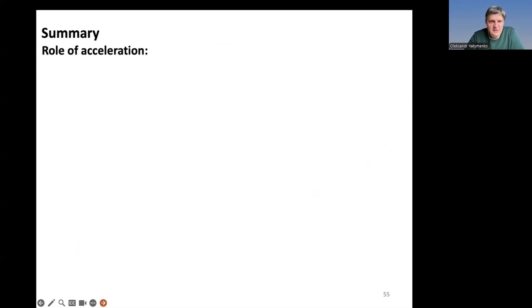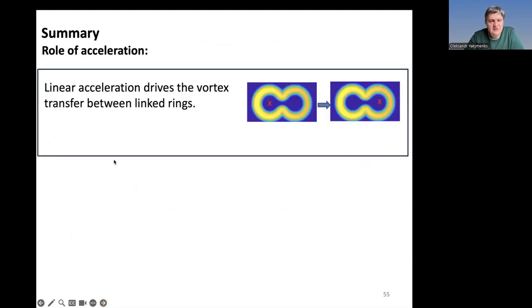Okay, so the role of acceleration in the system which we have considered today is twofold. Here we have the effect of acceleration, which tends to kick one vortex from ring to ring. So this is a kind of linear acceleration sensor.